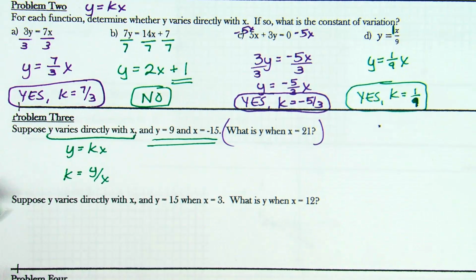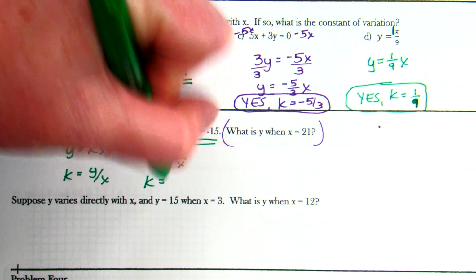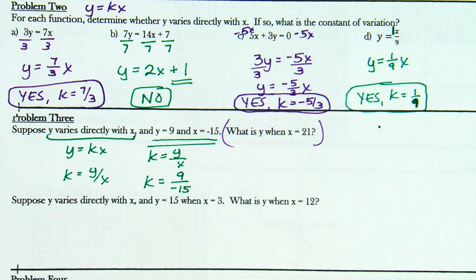If I'm trying to find k though, I like using k equals y over x. That's me personally. So k equals 9 over negative 15. What do we know about 9 over negative 15 before we continue?